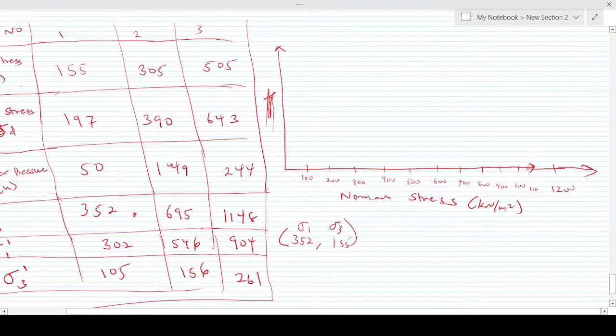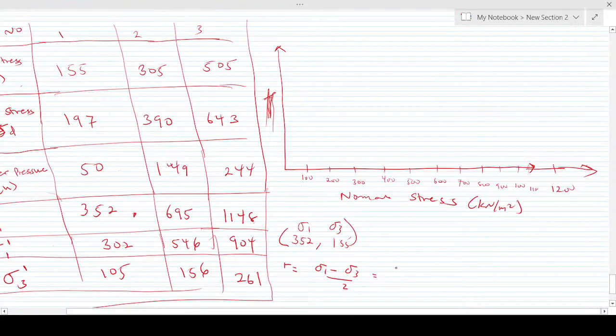Okay. So now this is what you have to do. First of all, find the radius, then you find the center. First of all, I'll locate sigma 1 and sigma 3. This is my first point. The radius is simply sigma 1 minus sigma 3 over 2.